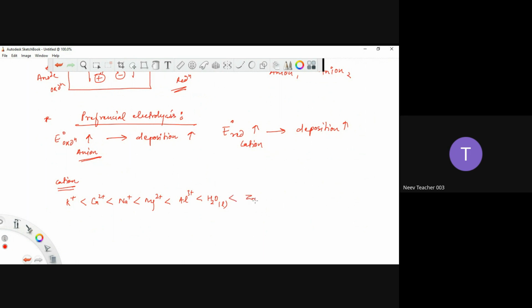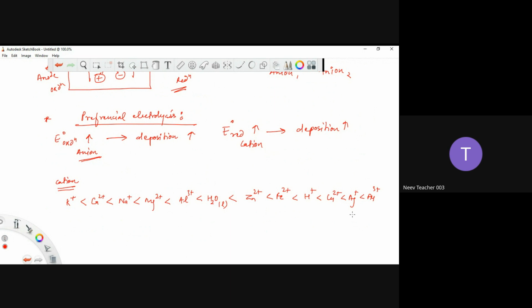If zinc is there before water, zinc will get reduced. Then iron, then H plus, then copper, Ag plus, and Au3 plus. This is how the cation reduction will go. So this is the increasing order of ease of reduction at the cathode.